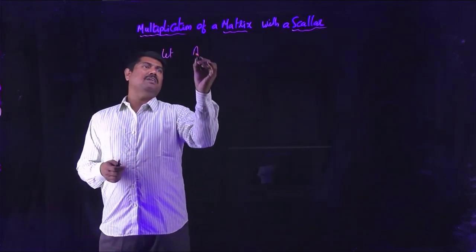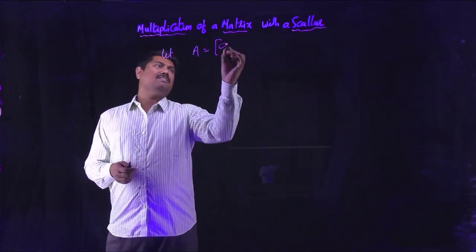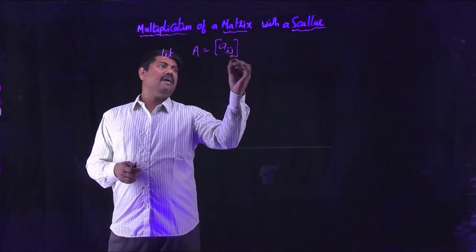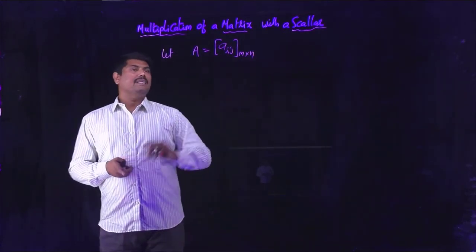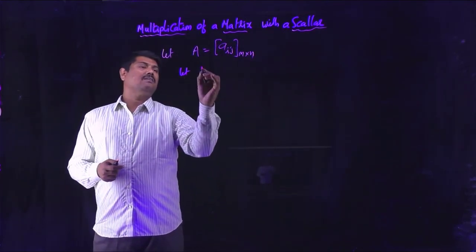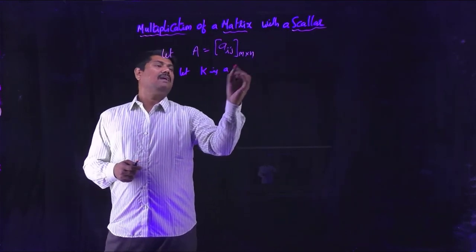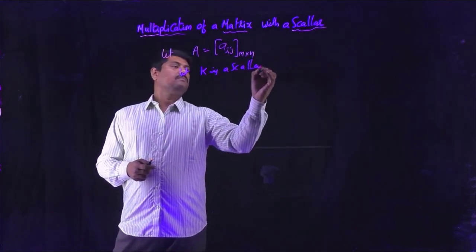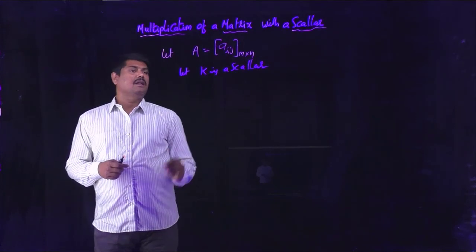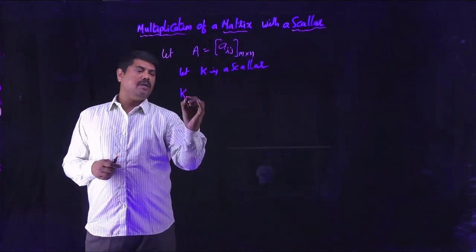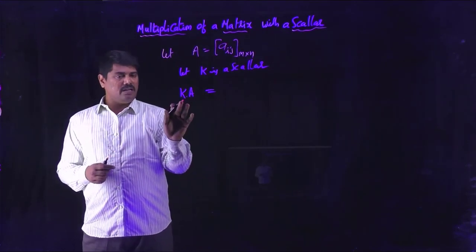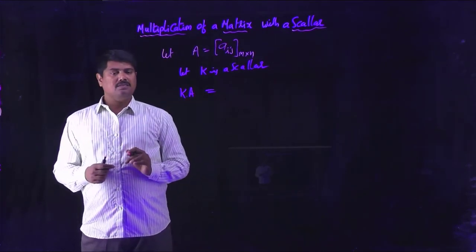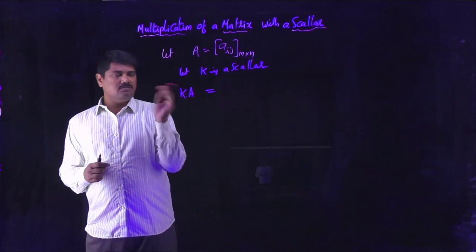Generally we are considering A as a matrix with elements Aij whose order is m by n. Let us consider K is a scalar. Now the concept is K into A. Here observe, K is a number, not a matrix. A is a matrix. So we are multiplying a matrix with a scalar.